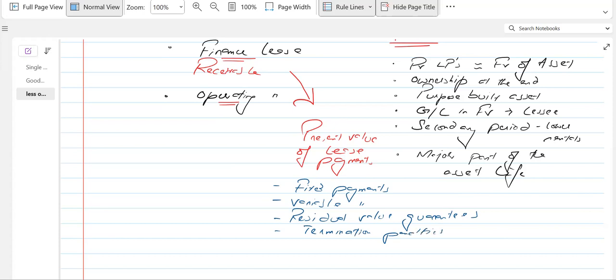All of these things are mentioned within the notes. And then purchase options, for example, if the lessee will be purchasing the asset by the end of the lease period. So when you calculate the present value of all these payments, you get the receivable.